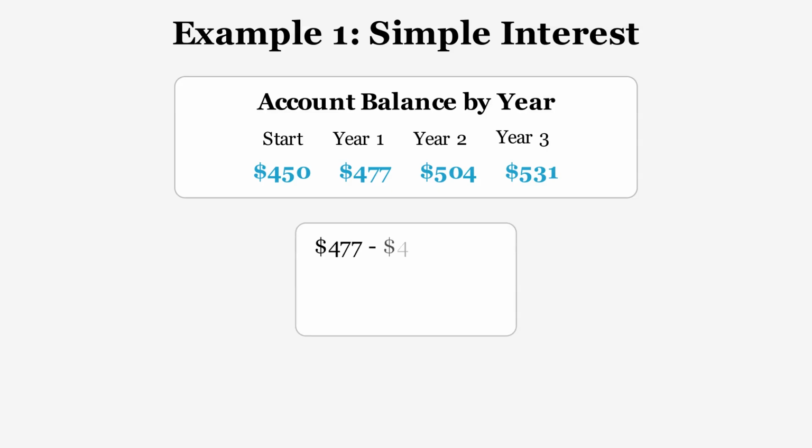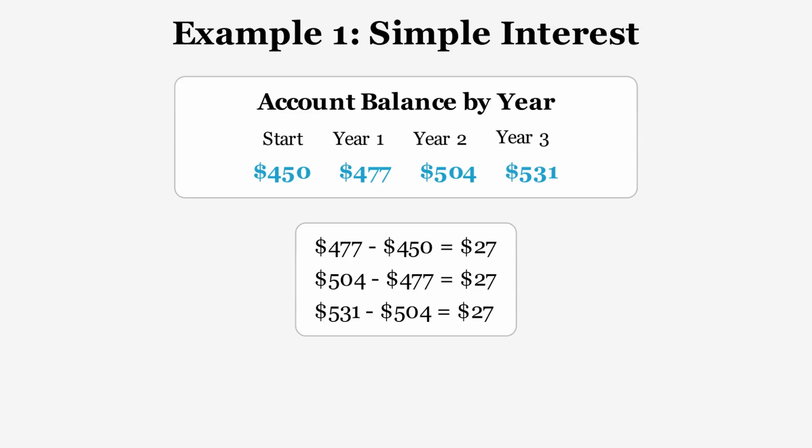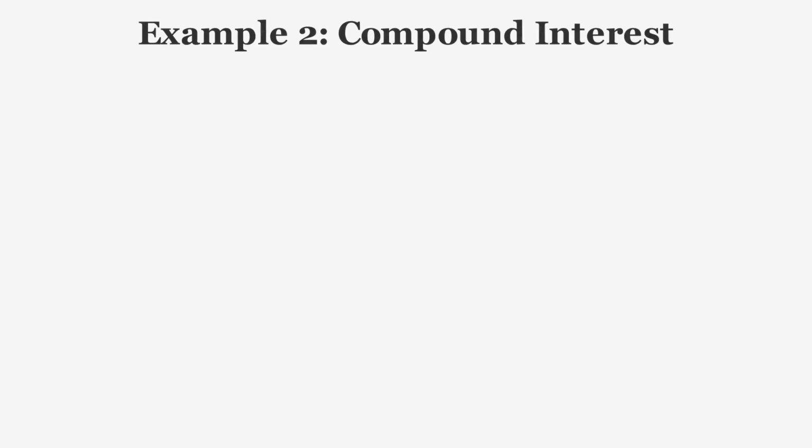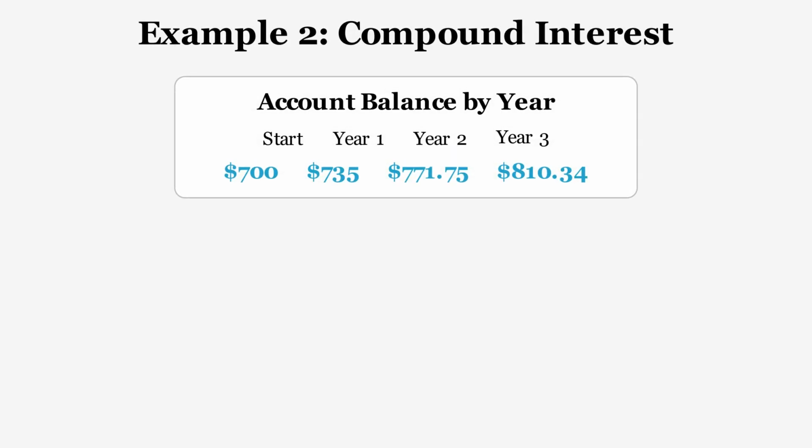Now, subtract consecutive balances. 477 minus 450 is 27. 504 minus 477 is 27. 531 minus 504 is 27. This account adds the same dollar amount every year. That is simple interest.